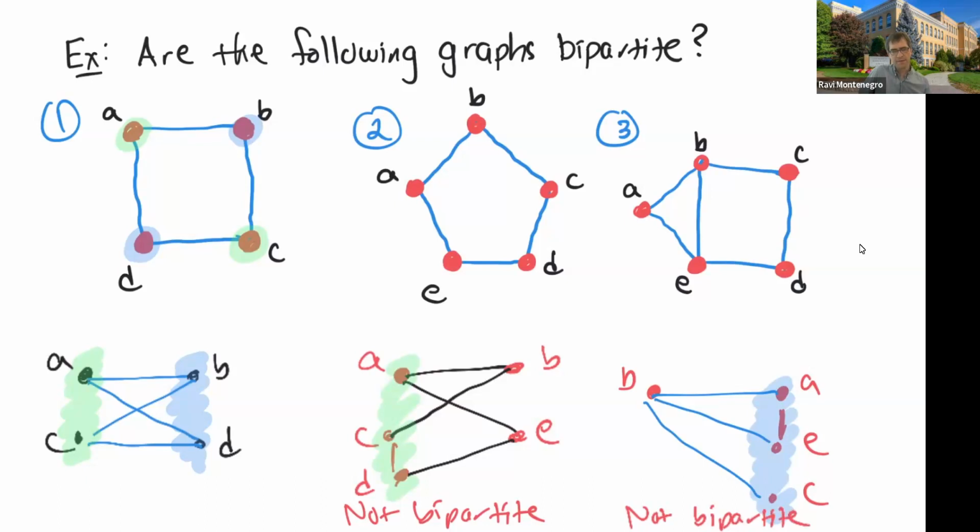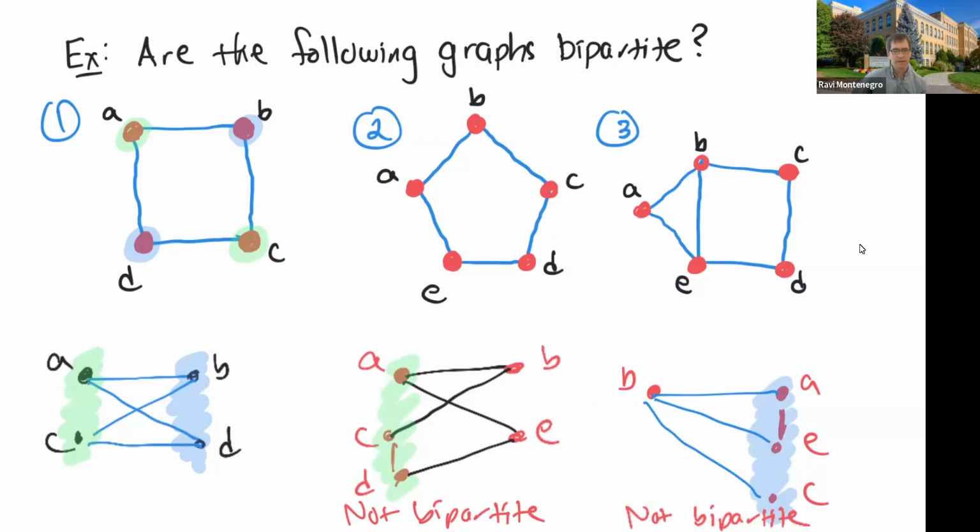Whenever you claim that something is not true, you need to justify it. And one of the ways is to explain the construction. You could say, starting at A, on question 2, you are forced to alternate this way. Question 3, you could say starting at B, you are forced to put A, E, and C on the other side. Okay, here's an alternate approach though.